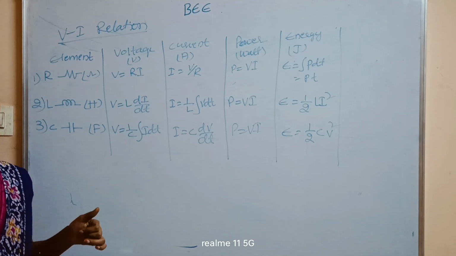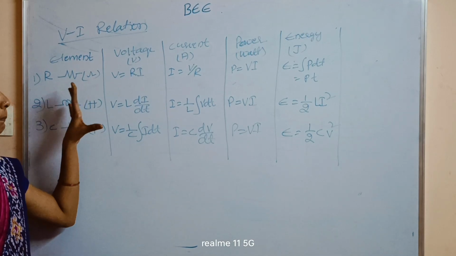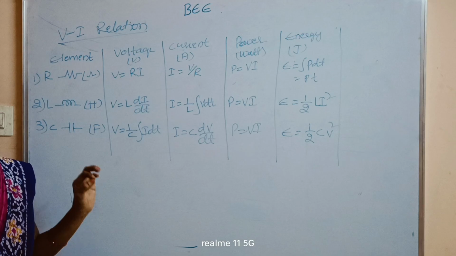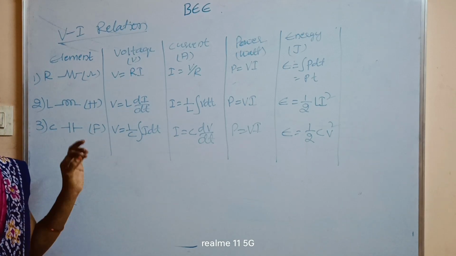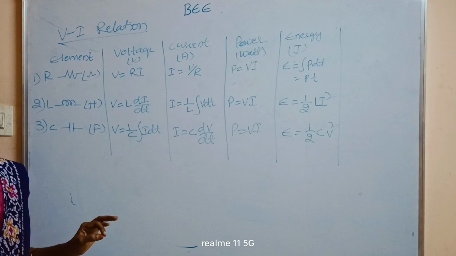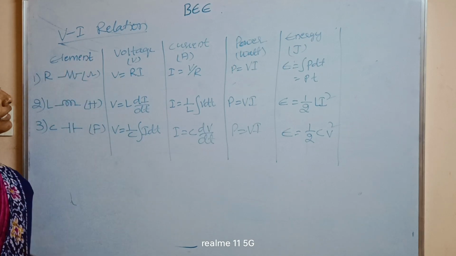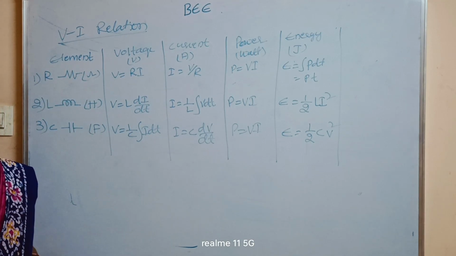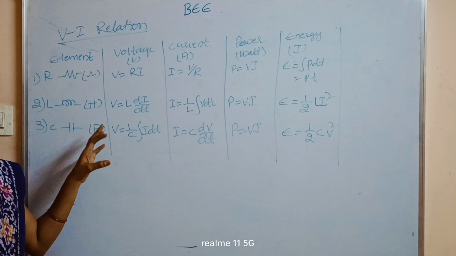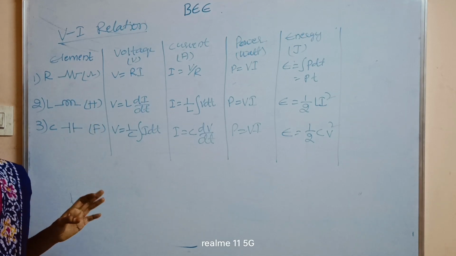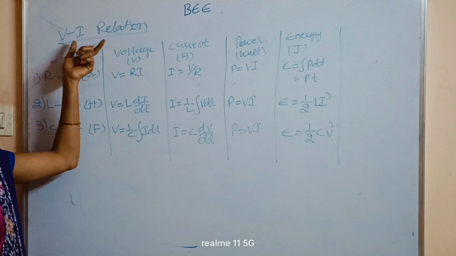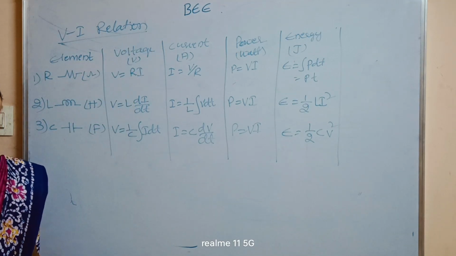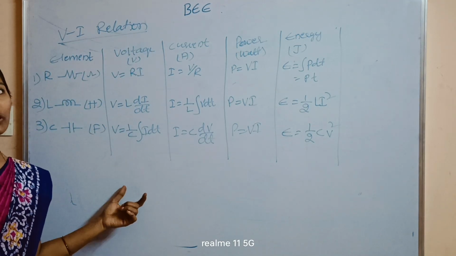They ask: define passive elements and derive the voltage-current equations of each element, or tabulate the VI relationship of passive elements. They can allot 5 marks for that. So this is the basic information about the total topic, the VI relationship of passive elements. Thank you one and all.